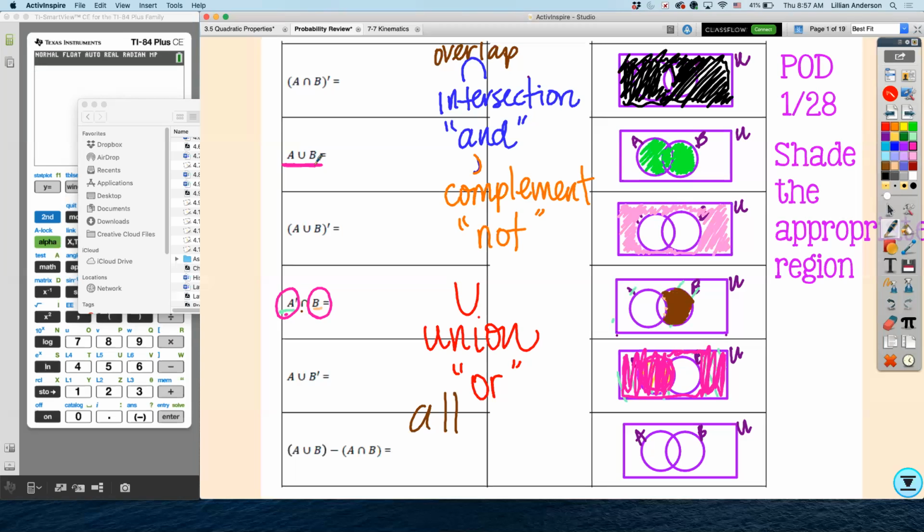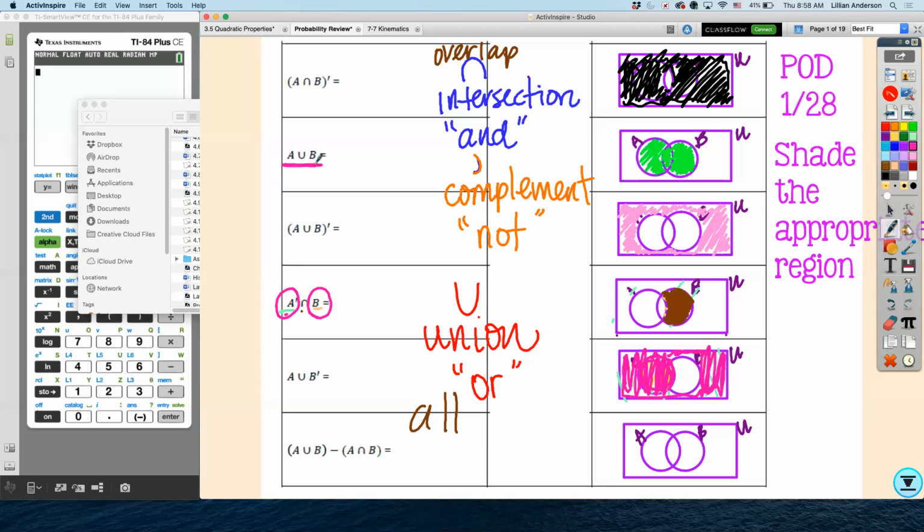And then the last one, you're looking at the union between A and B, take away the intersection of A and B. So what will be shaded?